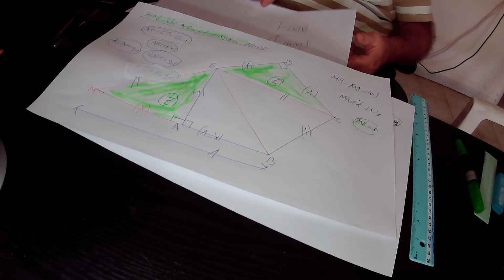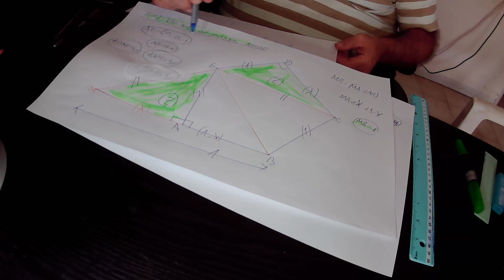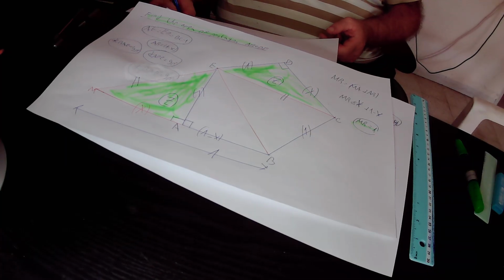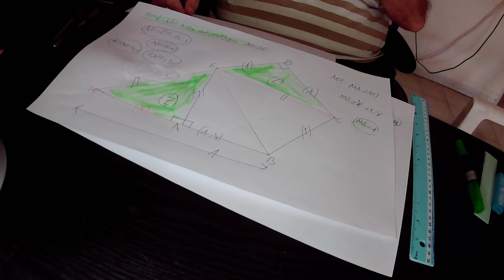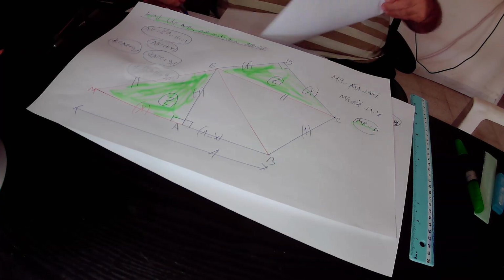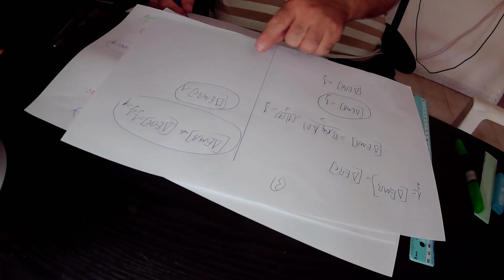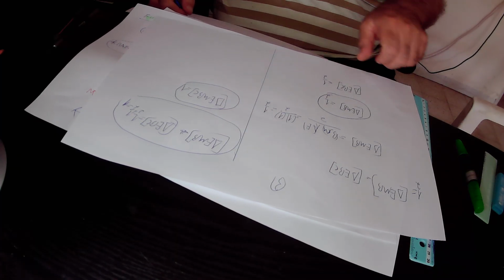So we found out that the area of the big quadrilateral EMBC is equal to 1 square unit in its size.